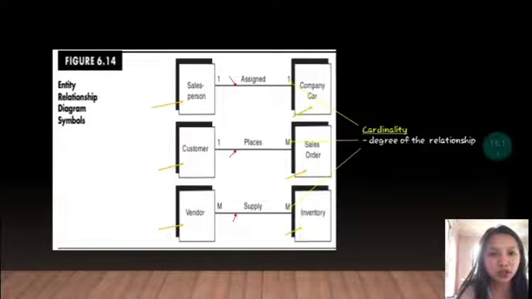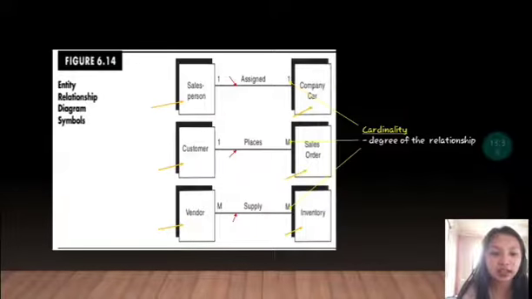Next is one customer places many sales orders, or this customer has many orders. So one customer to many sales orders. The last one will be vendor. Many vendors supply many inventory. So M to M, 1 to 1, 1 to M.